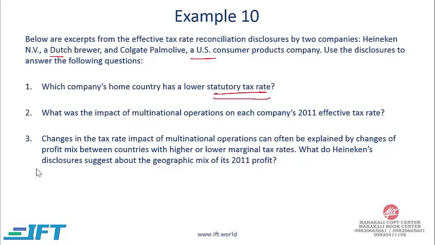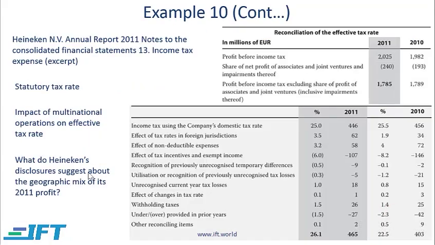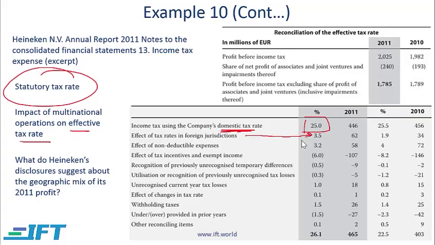So let us look at these three questions for Heineken. Here are the financial statements. The first one has to do with the statutory tax rate. That is simply the domestic tax rate, which is 25%. What is the impact of multinational operations on the effective tax rate? We get that from this row.